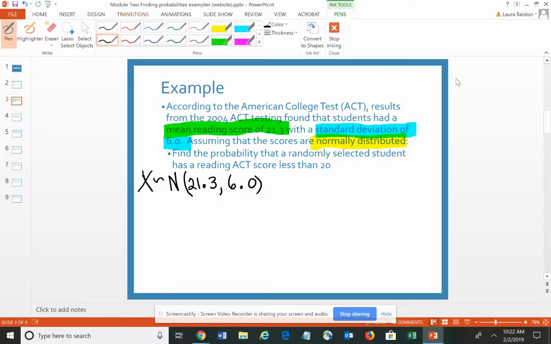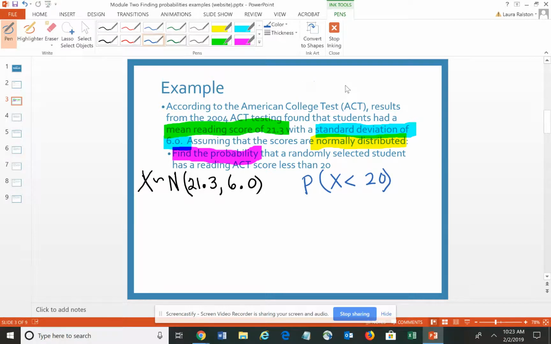It says, find the probability. Okay, so look at the phrasing. This kind of tells you which website to use and which process to follow. It says, find the probability that a randomly selected student has a reading score less than 20. Now, here again, that particular problem can be written in symbols. It would be the probability that our X value is less than 20.